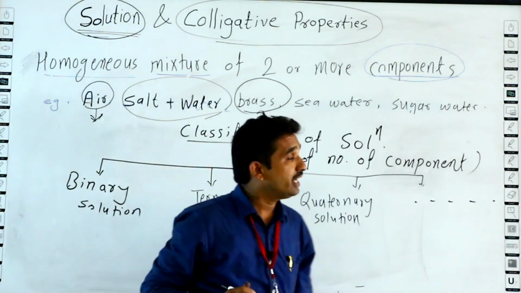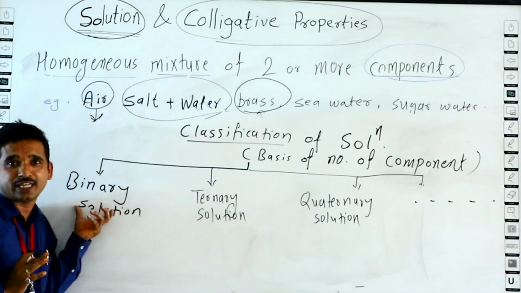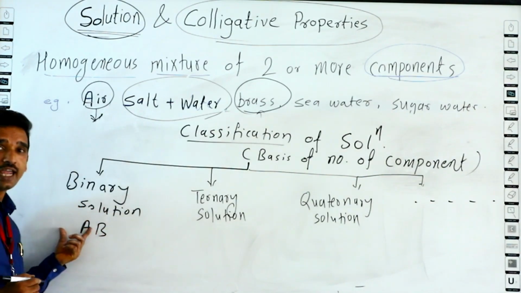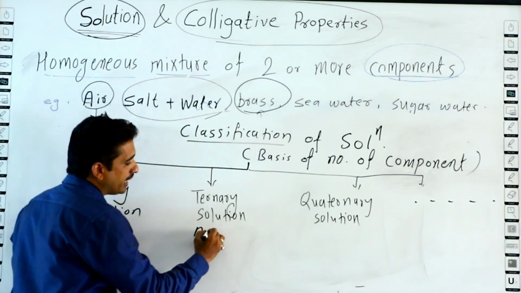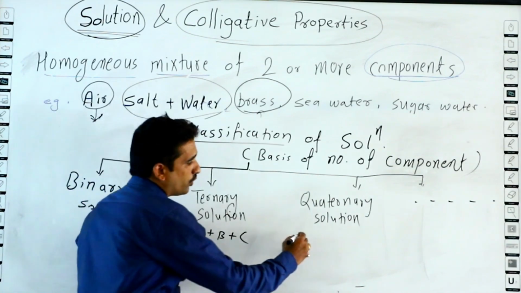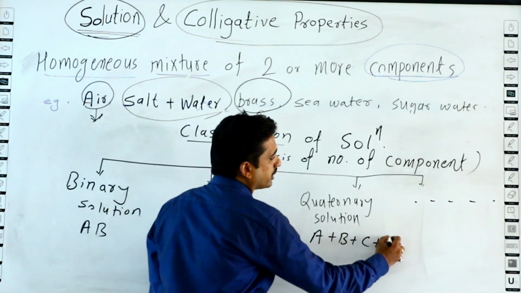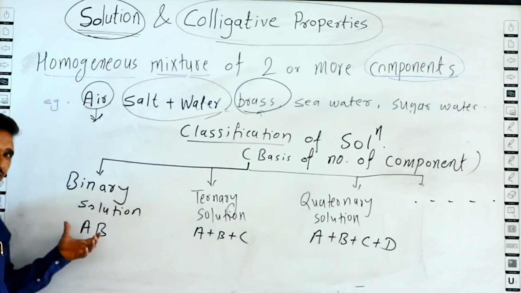Then binary solution means there are only 2 components in the system. Here we are saying A plus B. Here we are saying A plus B plus C. Here we are saying A plus B plus C plus D. एक बात बोलेगा सर ए वाला रह गया.